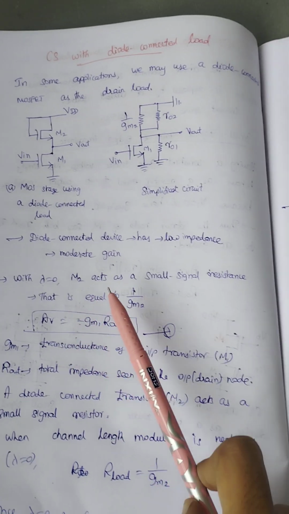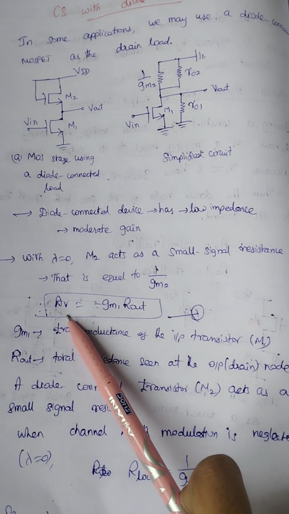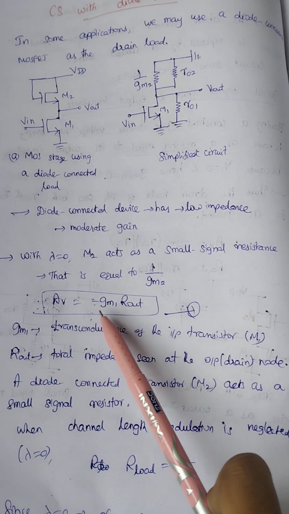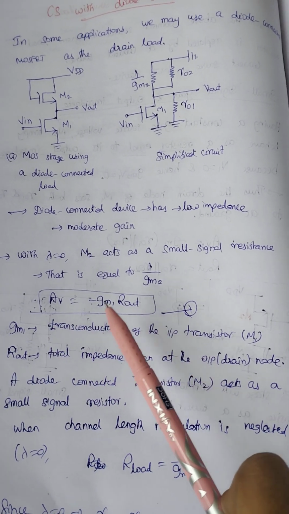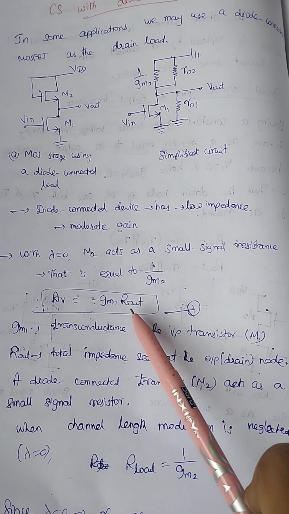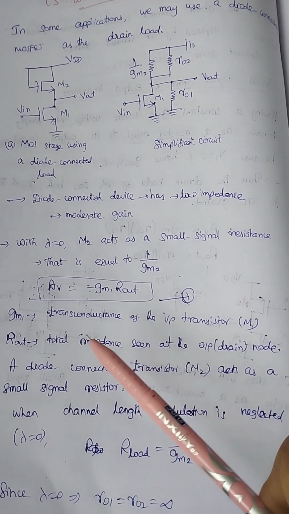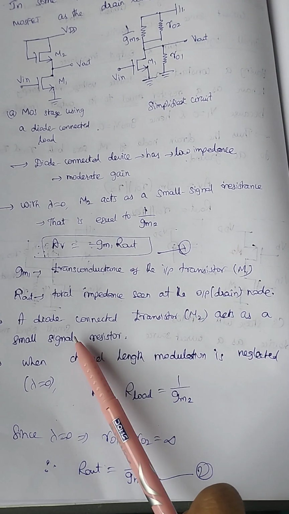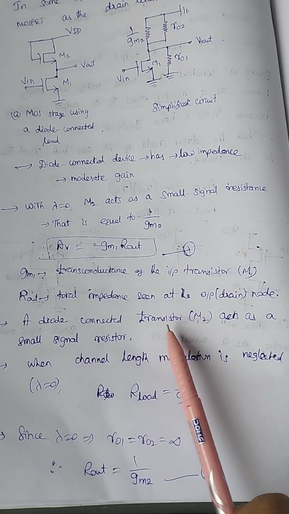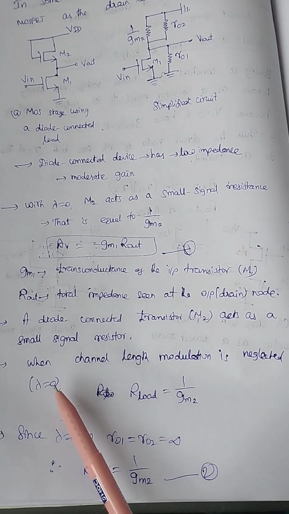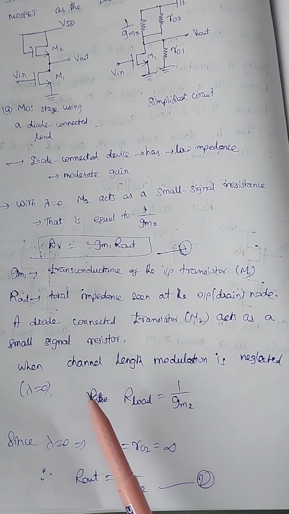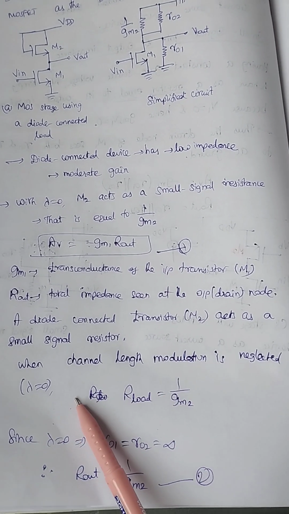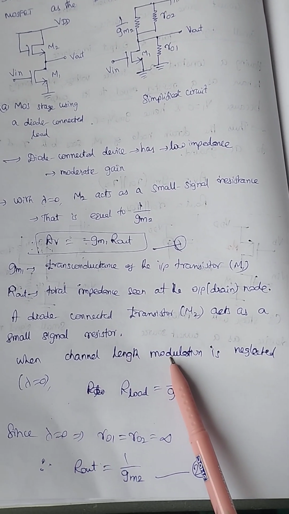And next, what is the gain? Gain is equal to minus gm1 into Rout. So what is my Rout value? This is what we are going to find. gm1 is the transconductance of the input transistor M1, and M2 acts as a small signal resistor. Now we are considering channel length modulation to be 0, so we are neglecting channel length modulation.